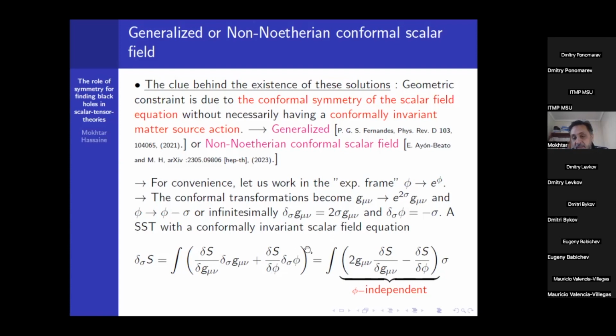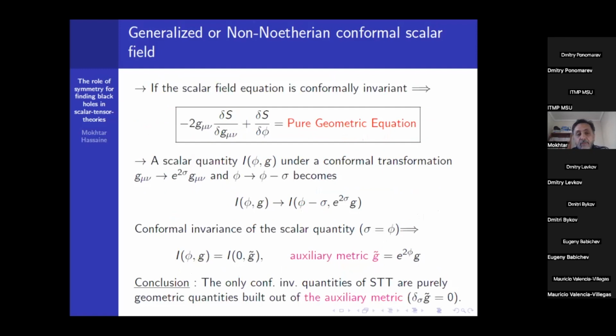Okay, when I plug these things in, if I can show that this quantity is phi independent, this is what ensures me that the scalar theory is conformal, as a conformally invariant scalar field equation. This quantity must be phi independent, to ensure that the equation of motion will be conformally invariant, not the action, only the equation.